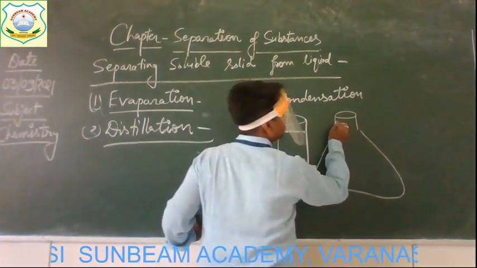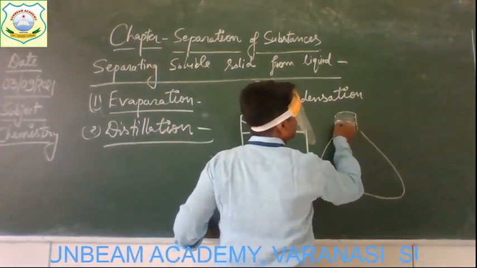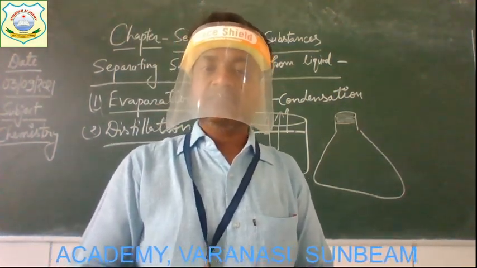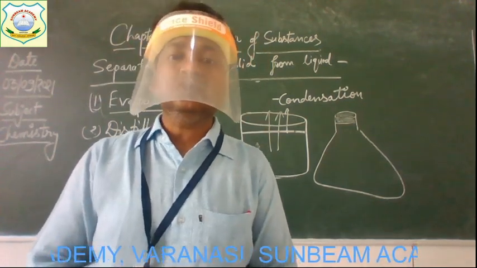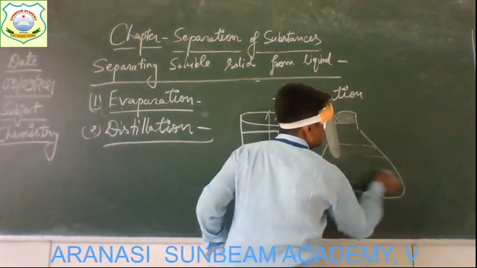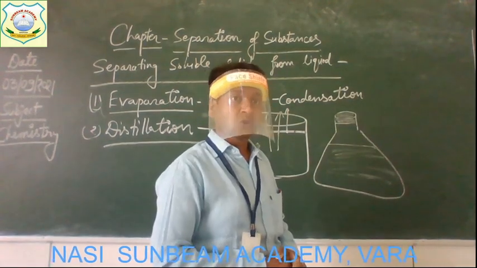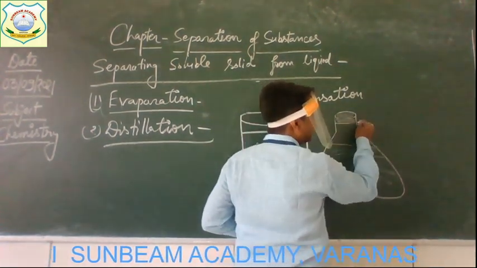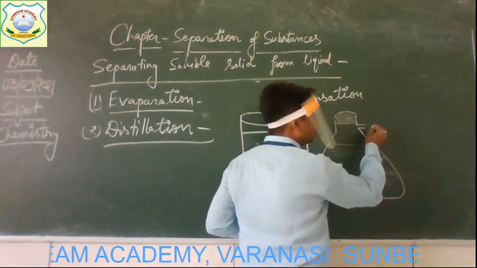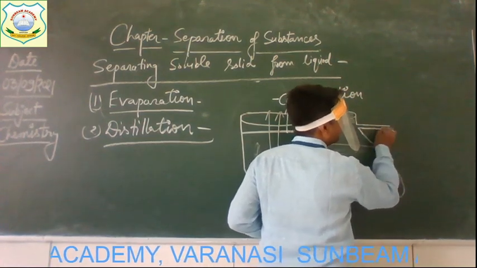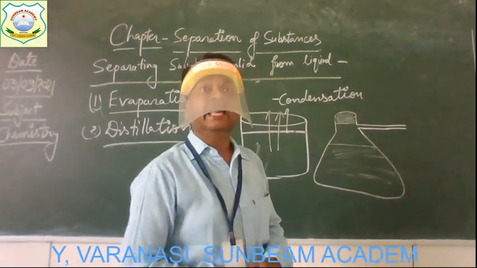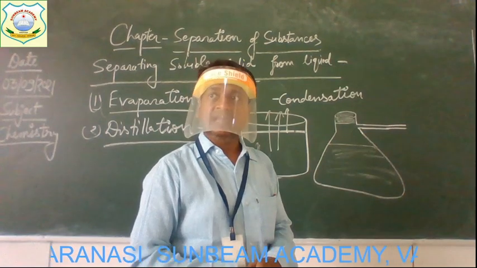Then this flask is closed with a lid. The mouth of this flask is closed with a rubber lid. Alright, and after that this flask is going to be heated, as it contains the impure water. Near the mouth, the flask has a small opening, and through this opening a narrow pipe is connected. What is connected to this hole? A narrow pipe. Clear?